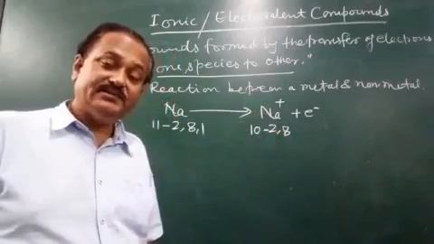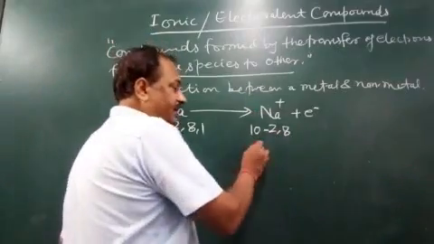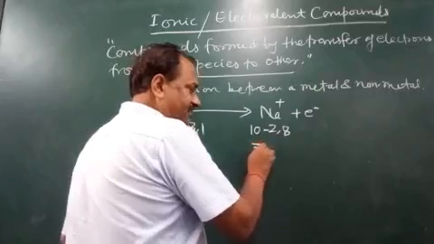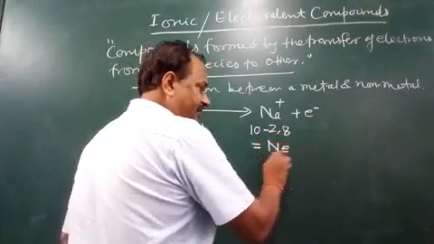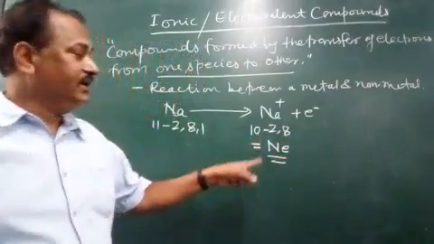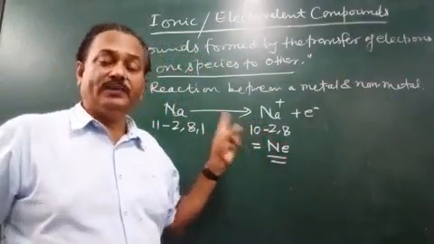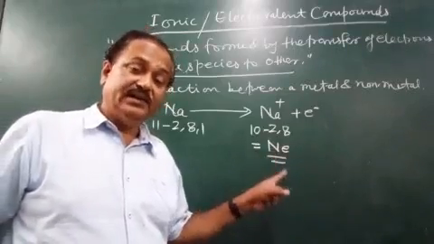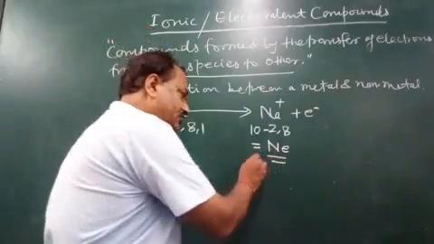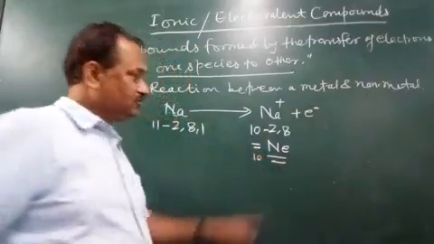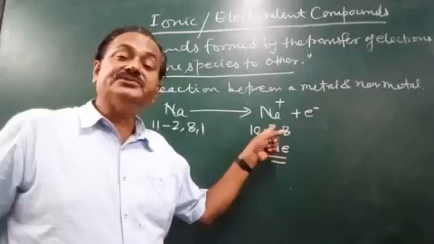It is neon. So sodium has acquired the noble gas configuration equal to neon, which also has atomic number 10. So the sodium ion becomes stable.